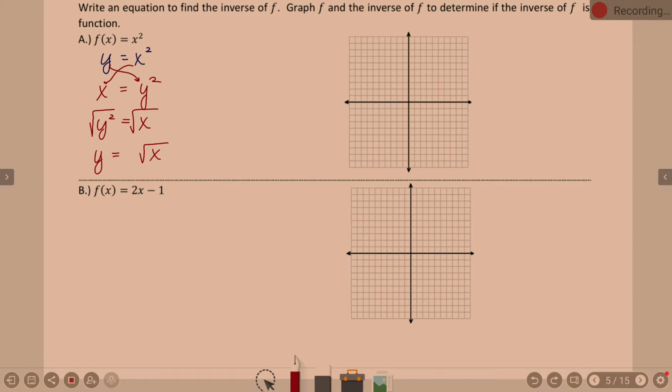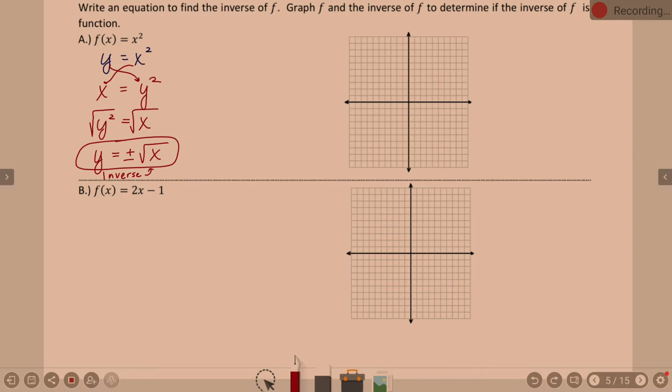Yeah, plus or minus the square root of x. Remember, when you are taking that square root in an equation setting, you use plus or minus the square root. So right here, this is my inverse, okay? So y equals plus or minus the square root of x is my inverse.